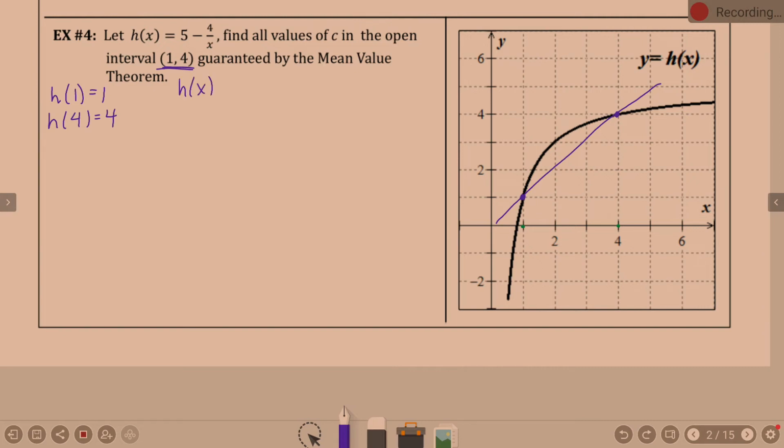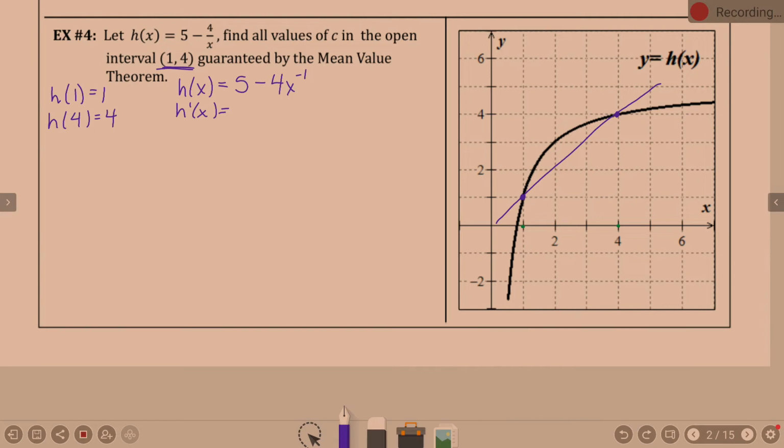h of x, if you will, is 5 minus, I just rewrote it as 4 times x to the negative 1, because I am going to have to take the derivative of this function. So that's going to be the other part of this. So the derivative of h of x, h prime of x, let's see, derivative of 5 is 0.